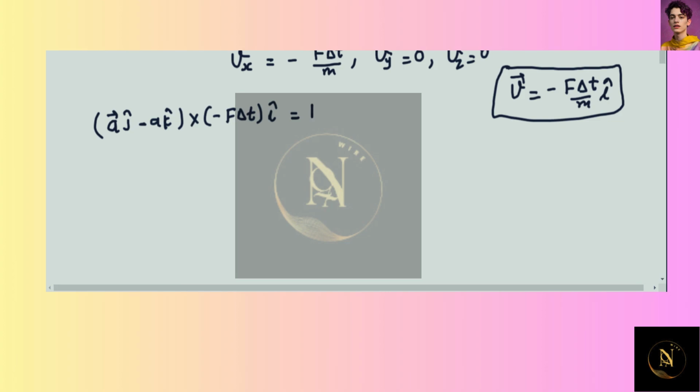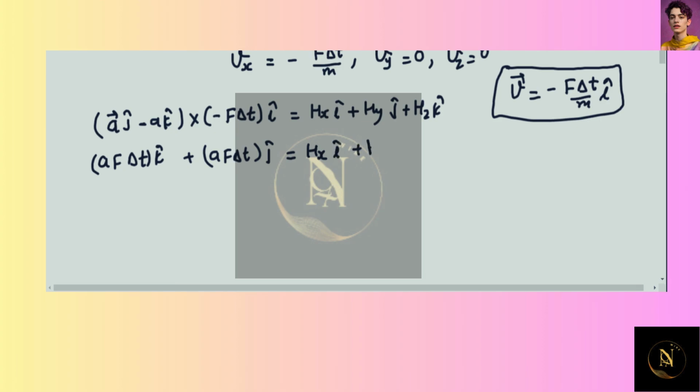So it could be written as Hx i cap plus Hy j cap plus Hz k cap. Solving the left hand side, you may write aF delta t k cap plus aF delta t j cap.